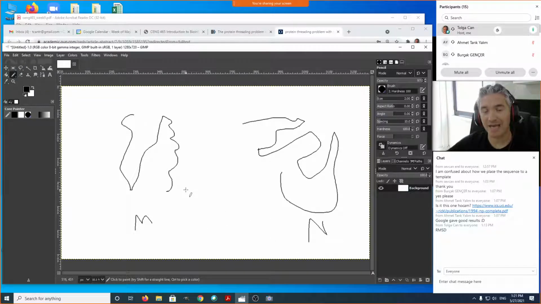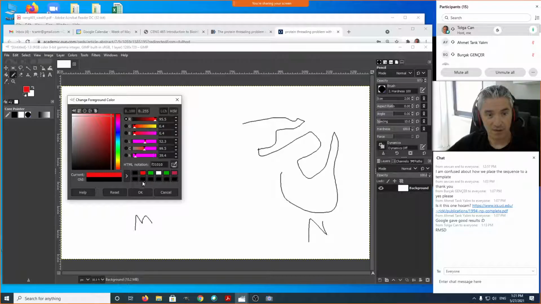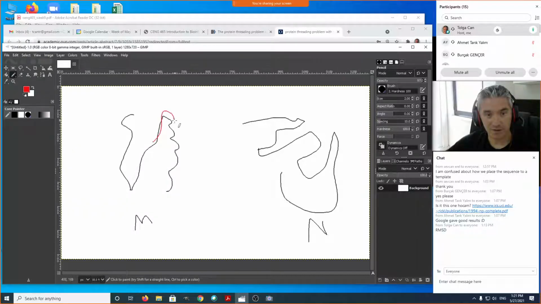This may contain N amino acids. Our goal is to try to find some local subshape. For example, this part. Let me draw it in red. This part may be similar to this part. So find a substructure, as large as possible, which is similar in shape to this one.